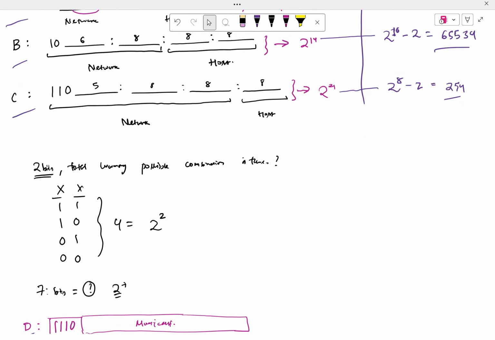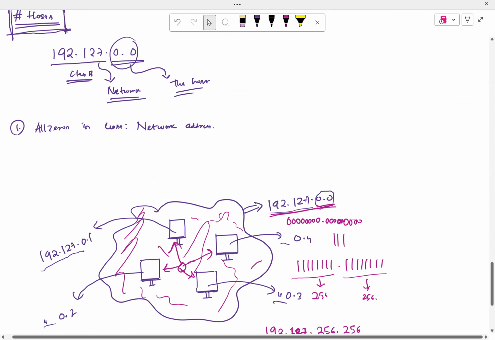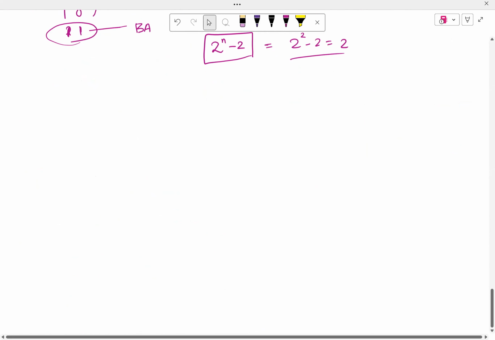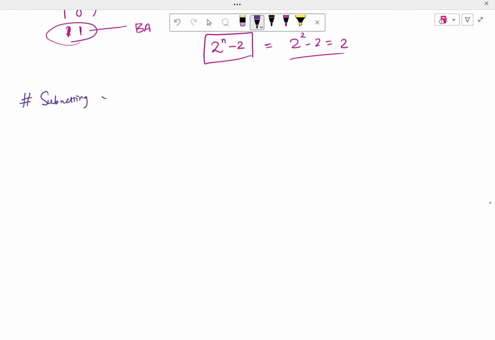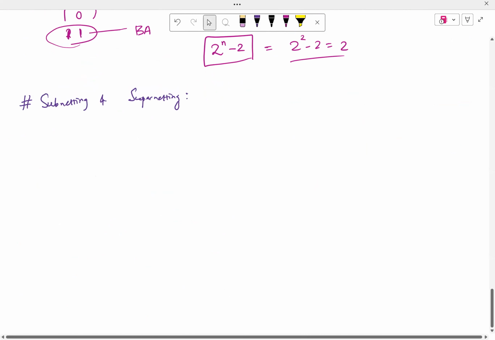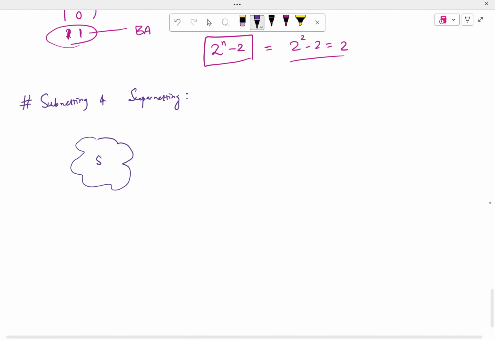Okay. So then we'll go to our next topic, that is subnetting and supernetting. I told you about your CS network.